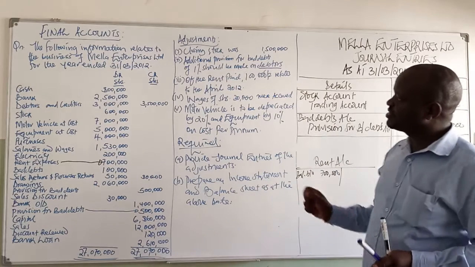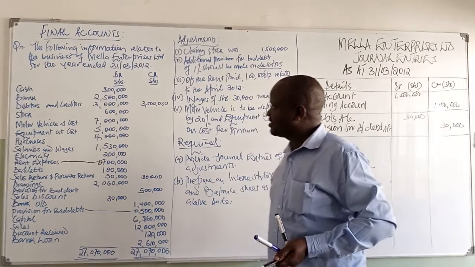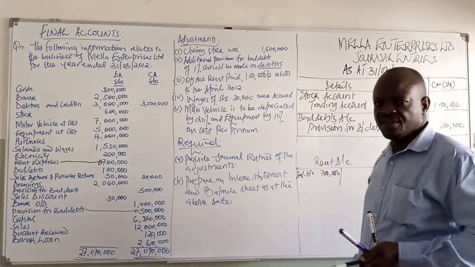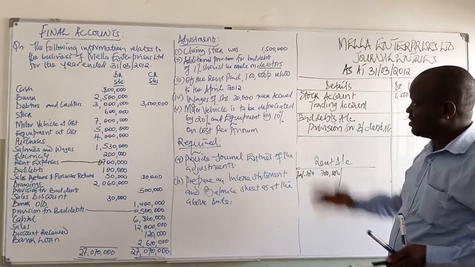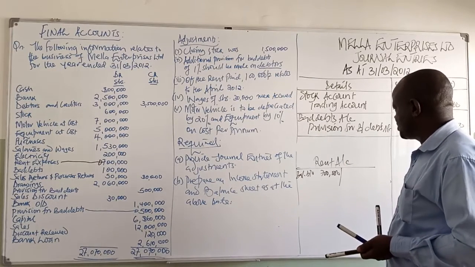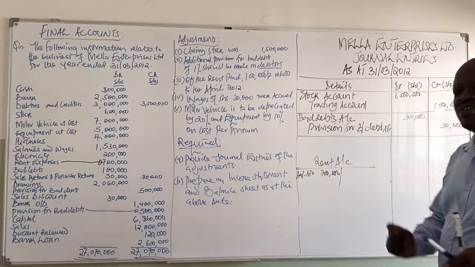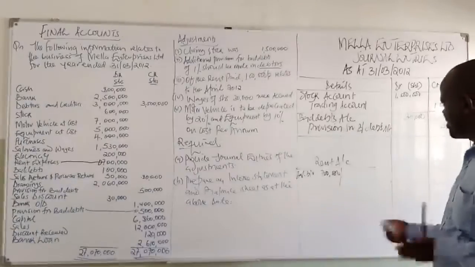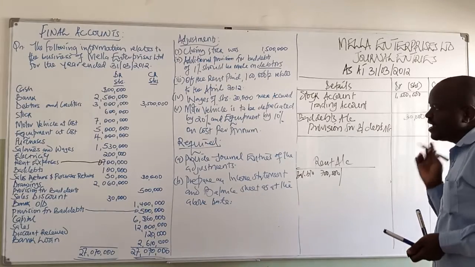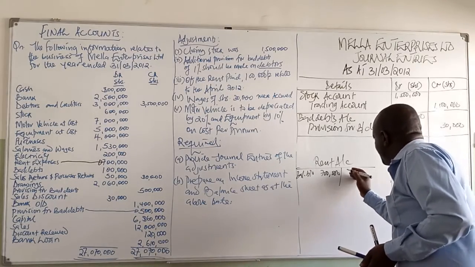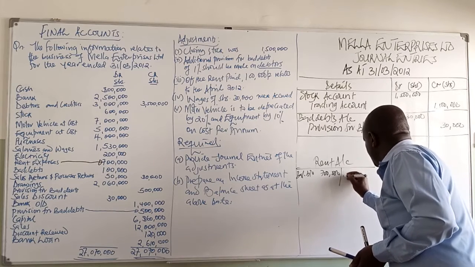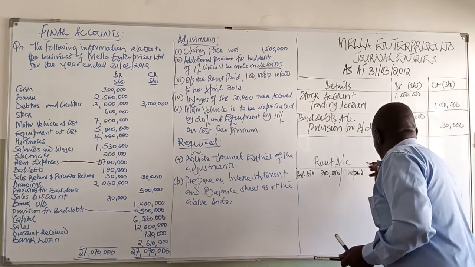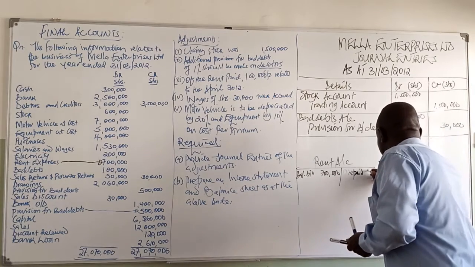So if you are preparing income statement for the year ending 31st of March, then this one for April means that it was prepaid in the year 2012 by 31st March. So how do you do that? And you know that when it is prepaid, it becomes an asset. And therefore here, what we are going to do, it means the part of this is going to be moved from here to go to prepaid rent.